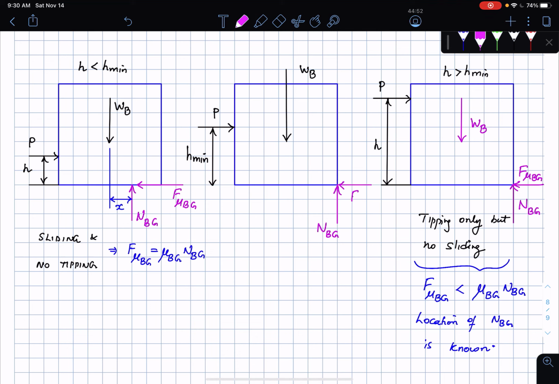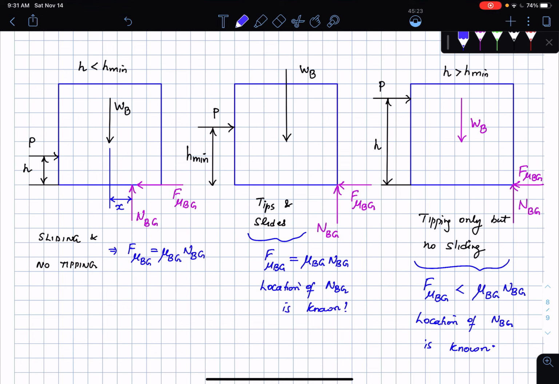N_BG, this is F_μBG. This is the third situation where it is tipping and sliding. And if that is the case, F_μBG is equal to μ_BG times N_BG, and location of N_BG is known. So these are the three things that you would like to see.